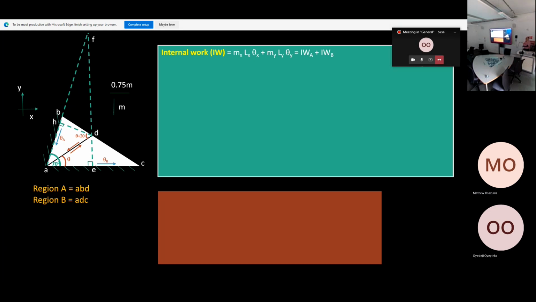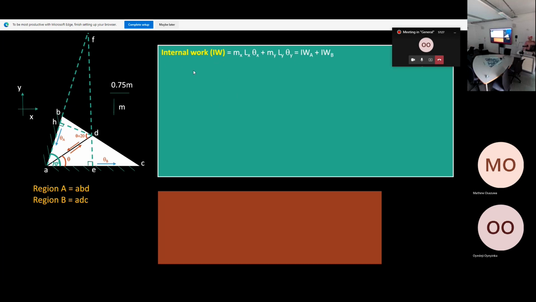Let's go slowly, okay? Now, the internal work is moment times length times rotation. Now, for each region, for region A and B, we need to take the moment in the x direction times length in the x direction times theta x, etc. And add them up together.